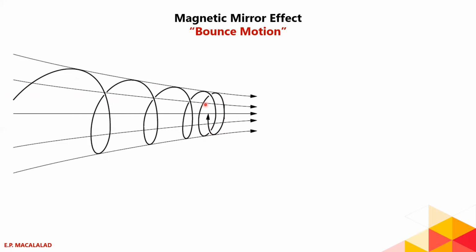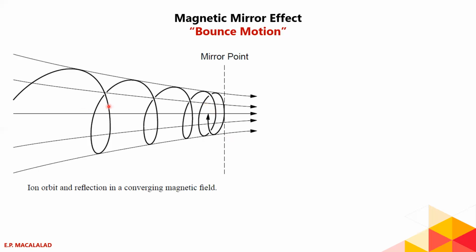So here we have what we call a mirror point. This is the gyro orbit and reflection in a converging magnetic field.